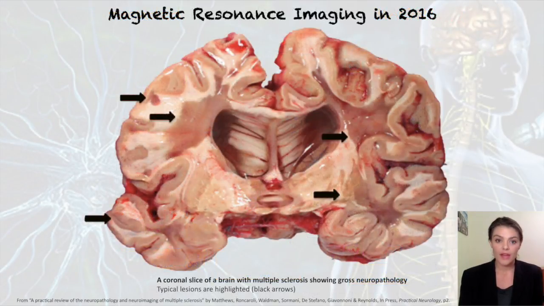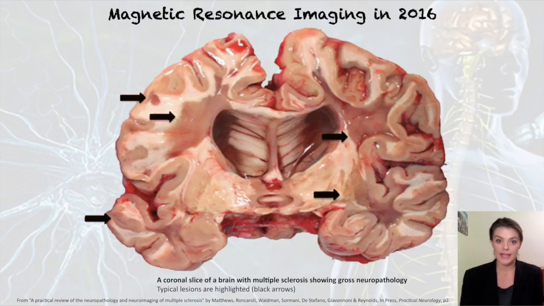Conventional MRI cannot adequately elucidate the neuropathology of MS. Compared to post-mortem examination, it lacks specificity and cannot distinguish between demyelination, inflammation, and axonal loss.